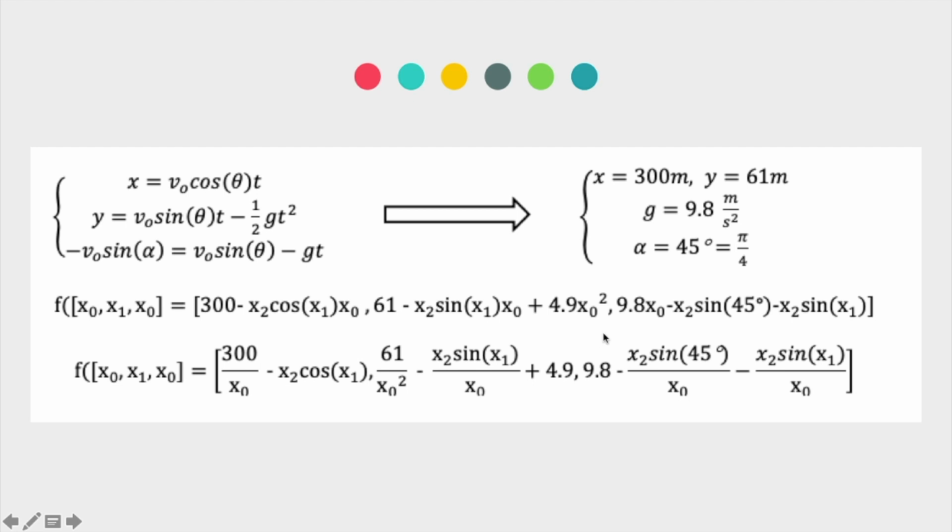I would like to emphasize that v and t are multiplying here all the time, so in order for us to not get a wrong result, I divided everything by t, which is x0 here. Because, for example, if both of the values are positive or both of the values are negative, we're going to get the same result for x, y, and in this equation as well. So in order to avoid that, we're going to make these variables not multiply each other.